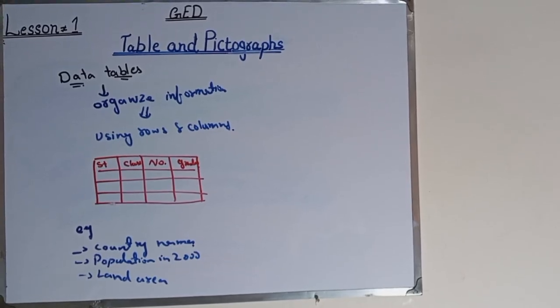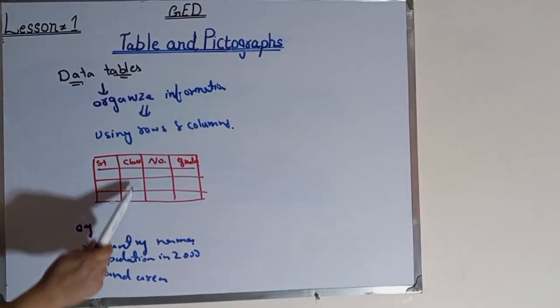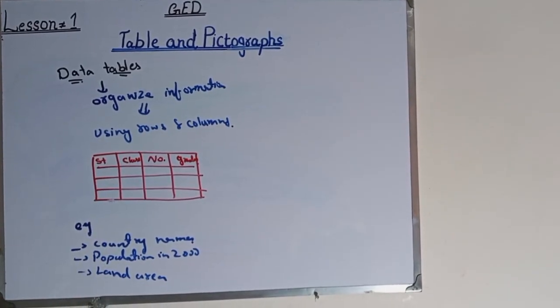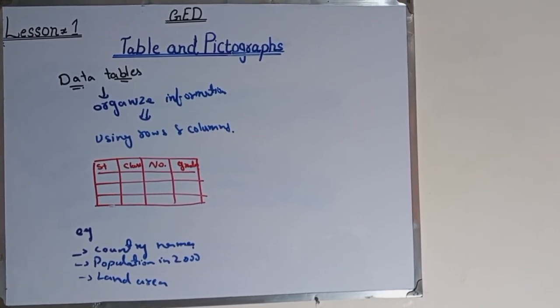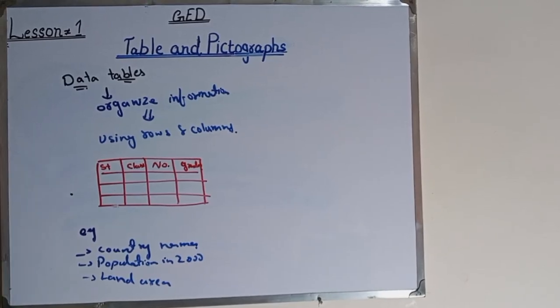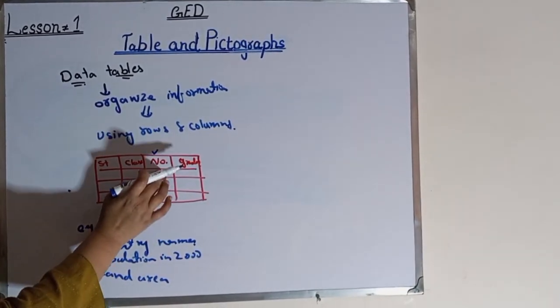So always read the labels first. What each row means, what each column means. Without labels, numbers have no meaning. When answering a question from a table, use only the information you need. For example, if they ask about the numbers, then you only see the numbers.